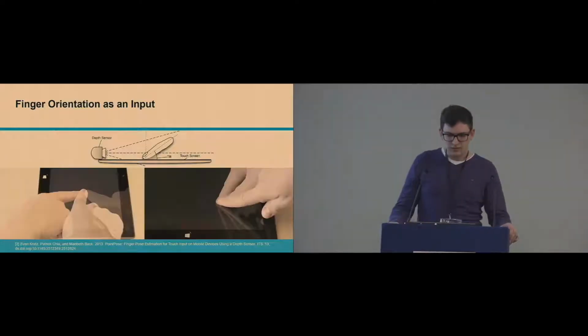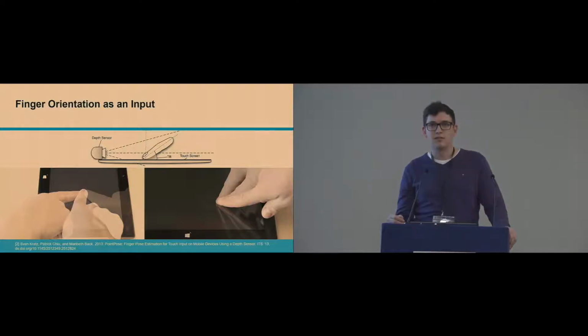Then later in 2013, Kratz et al. came up with the idea of using a depth camera to estimate the finger's orientation. Here they mounted the depth camera onto a tablet, which was the first portable version of an enhanced interaction for the touchscreen, with the ability to use the pitch and yaw of the finger.